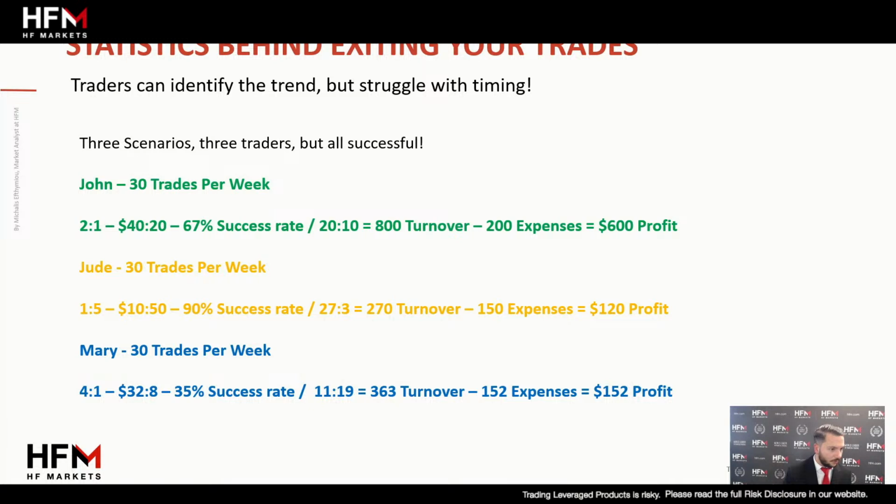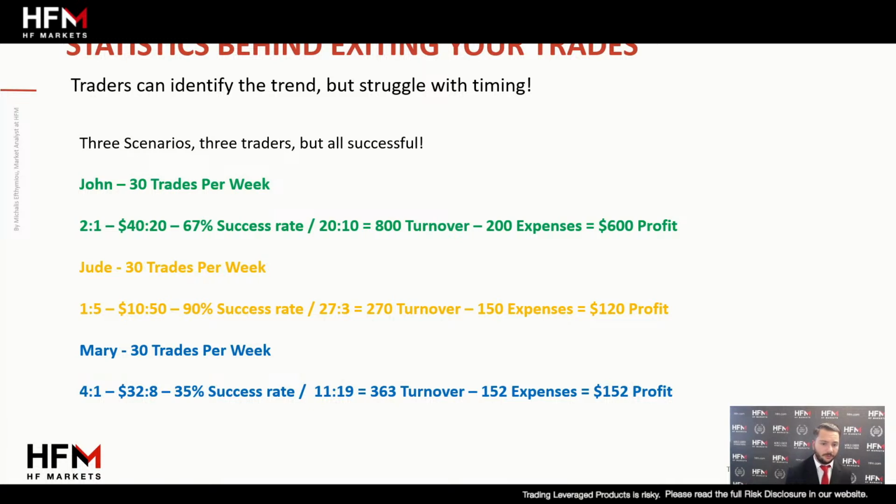So let's quickly look at some questions because we've got some individuals who are asking questions. Let's have a look at these questions. Is there a tool on the MT5 which establishes the reward to risk ratio? No, but you can use pips.